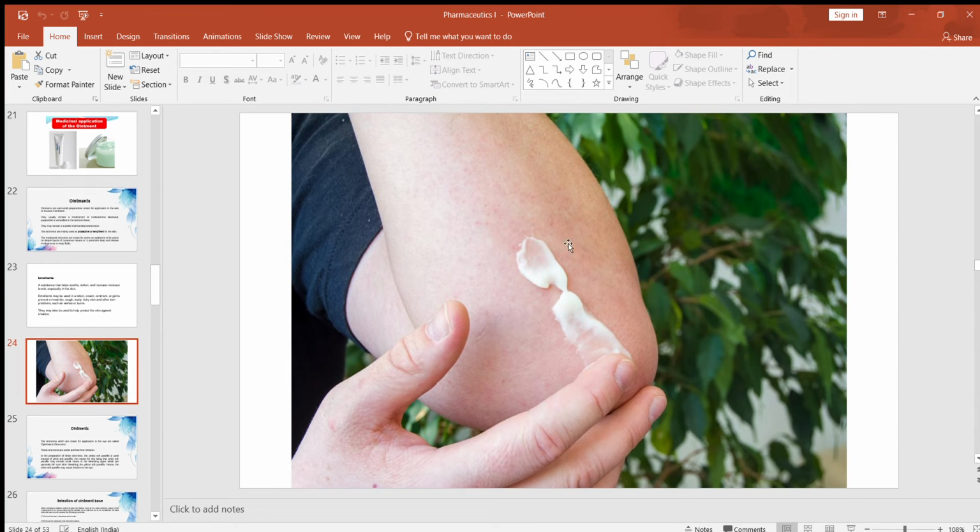Because of this film, you can see that it is spread evenly over the entire hand, in the form of a film. Now what is the duty of that film?